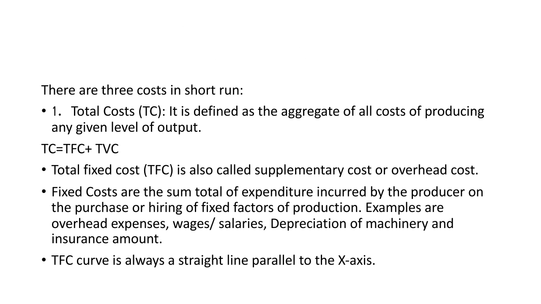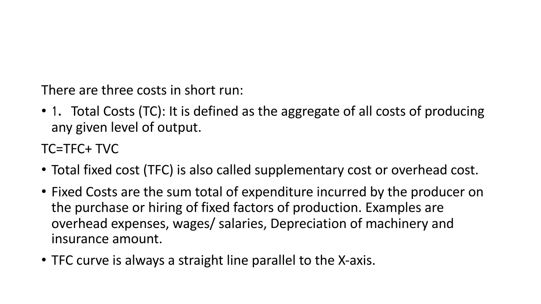And TC is the sum of two costs: total fixed cost and total variable cost. First of all we will see total fixed cost. Total fixed cost, or TFC, is also known as the supplementary cost or the overhead cost.